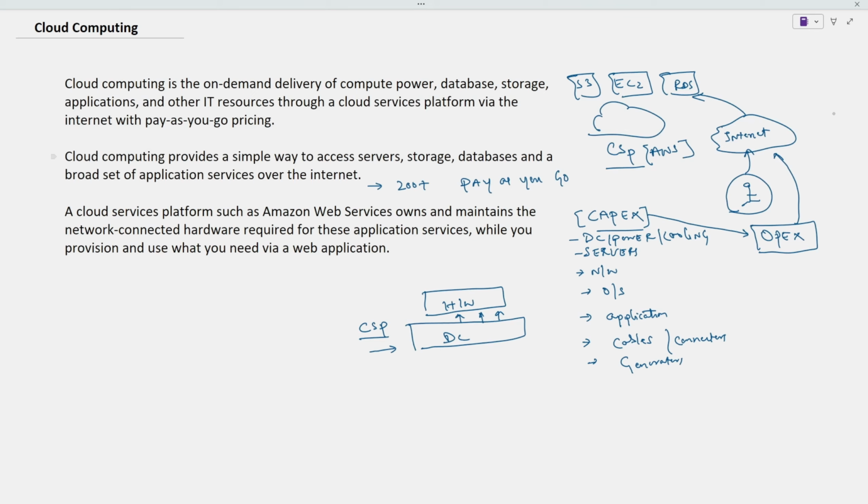So if you have decided to move from capital expenditure to operational expenditure, or if you are going to try out some of the services offered by the cloud service platform like EC2 or S3 or a database, you wanted to provision some services and understand how the cloud platform works, there are some characteristics which every cloud service provider has to meet. These characteristics are on-demand delivery.